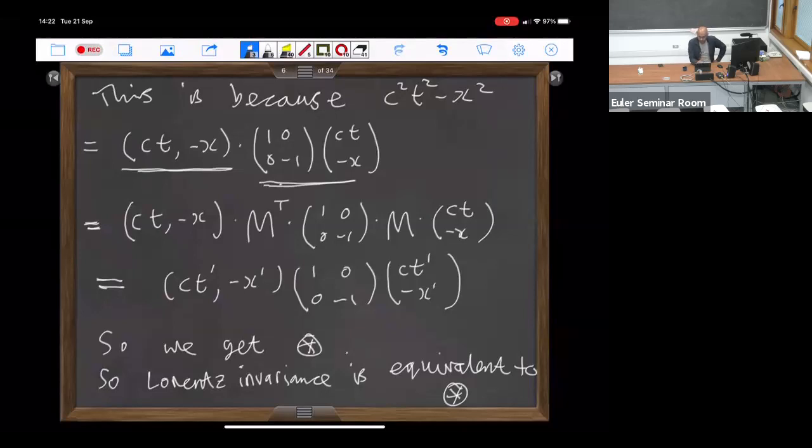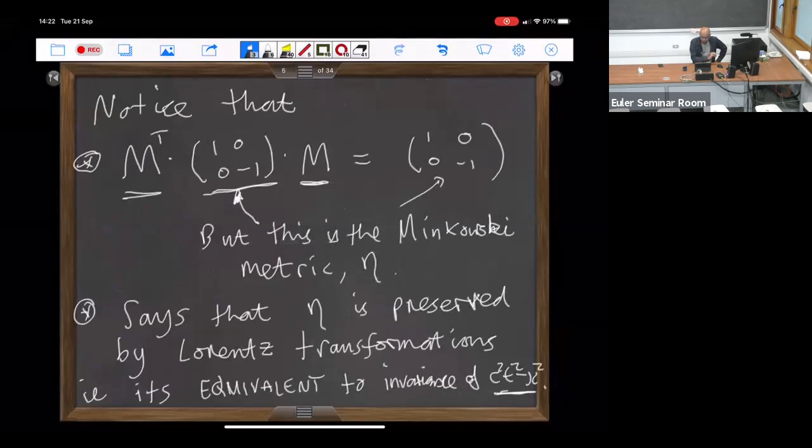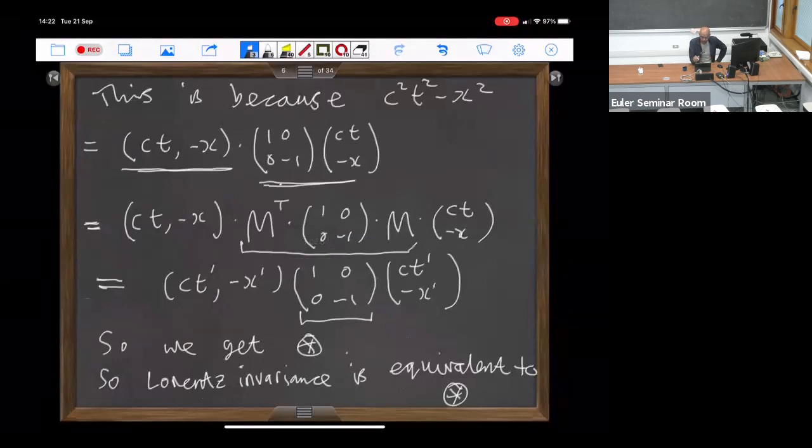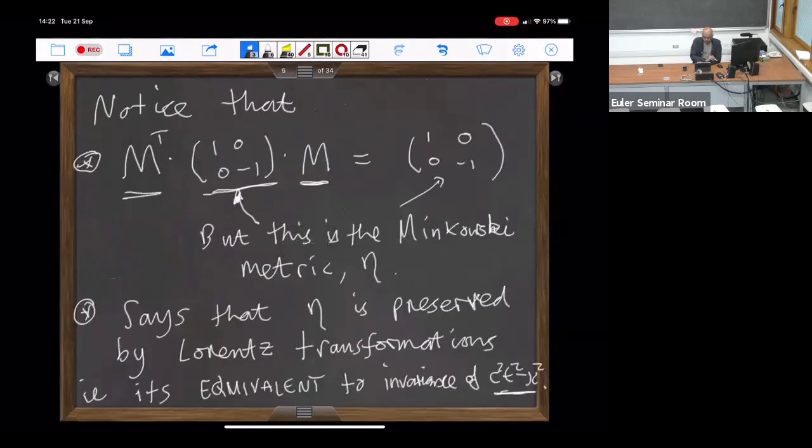But you see the thing in the middle has the elements of the formula from before. So because of equation star, all of these things are equal. So that's why Lorentz invariance is equivalent to this equation, M transpose times the Minkowski metric times M is equal to the Minkowski metric.